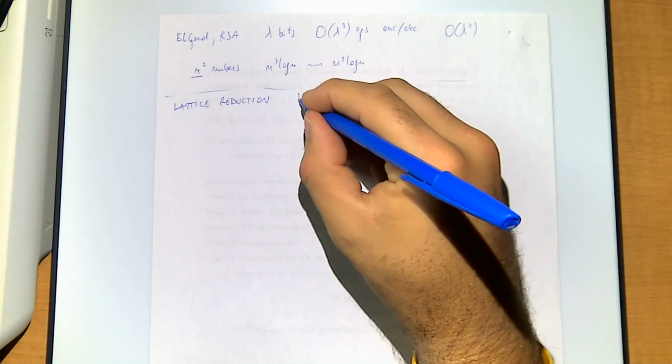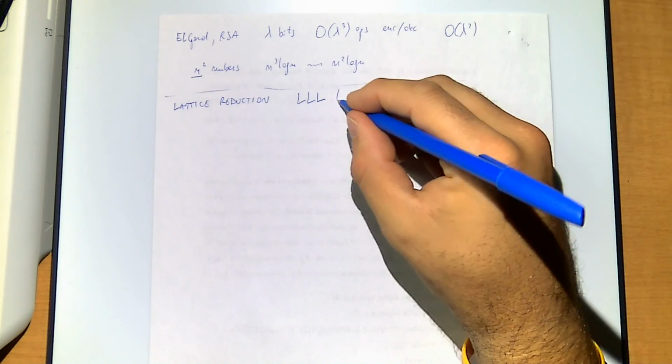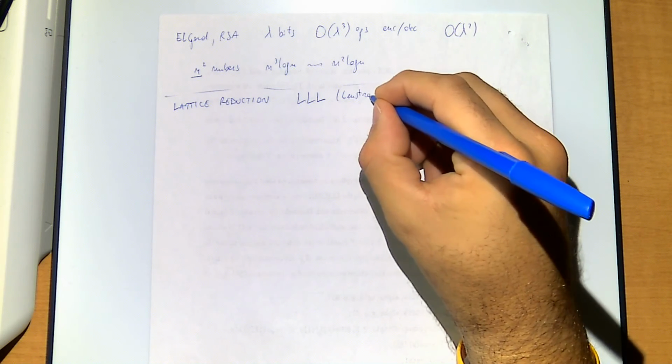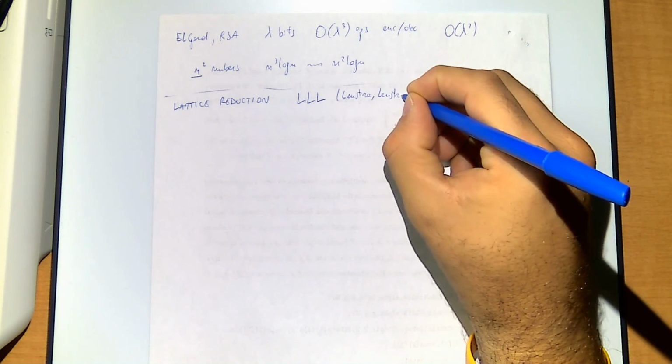And what we will see is that there is an algorithm called LLL, which stands for Lenstra, Lenstra, Lovász, and it's exactly able to do that, to reduce the lattice basis to a good one.